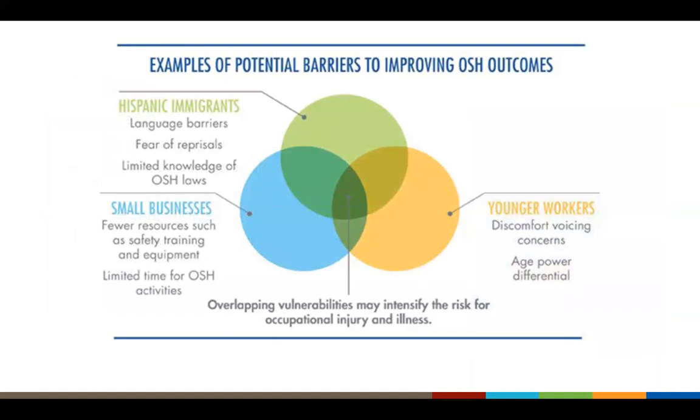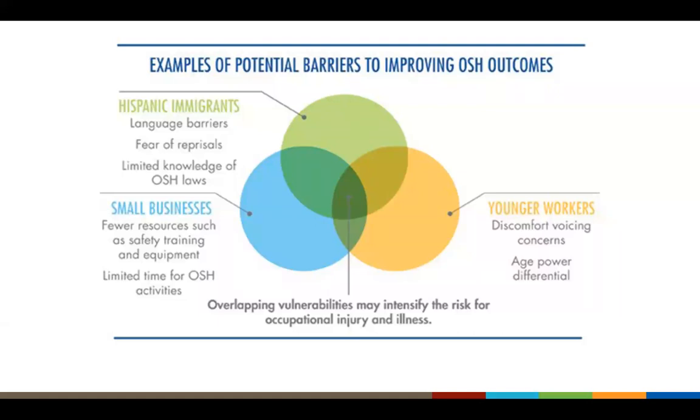In the study that was highlighted two slides ago, the overlapping structural vulnerabilities report that we did, we began to explore this idea of intersectionality, or what we called overlapping structural vulnerabilities, specifically by looking at Hispanic immigrants in the construction trade and how they may have overlapped as small business employees and younger workers. We knew that each of these three groups faced increased rates of occupational injury and illness. What we were interested in exploring was this intersection.